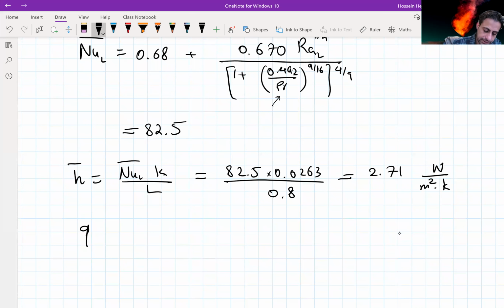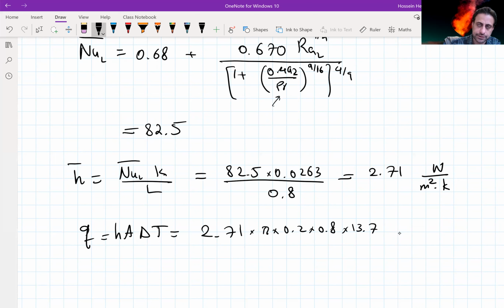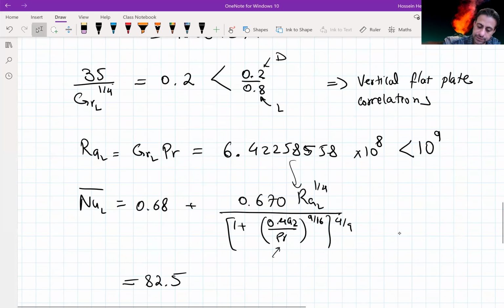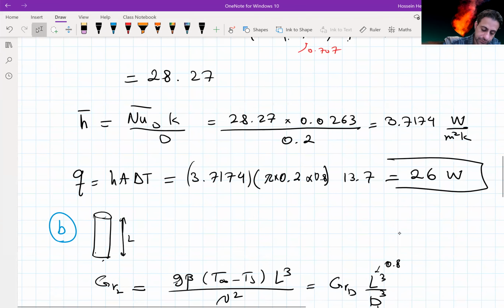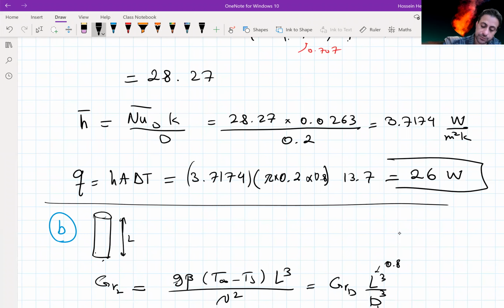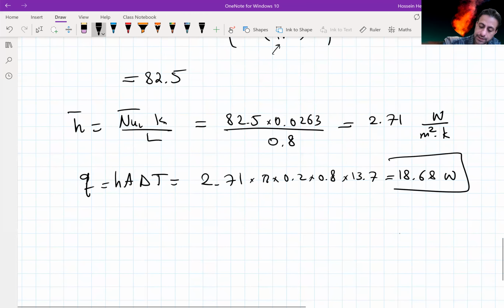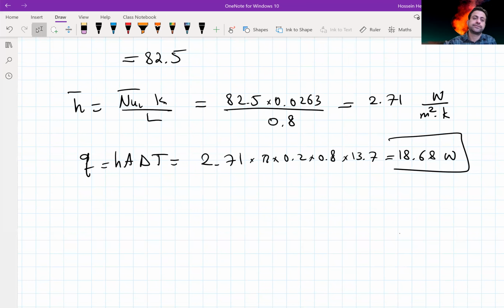So from here, Q is h A delta T, 2.71 times pi times 0.2 times 0.8 times 13.7. So what we are going to get is 18.68 watts. So this is compared with the other Q that we got at the top, 26 if we put it horizontally, and 18.68 if we put it vertically. That's going to be the rate of heat transfer.